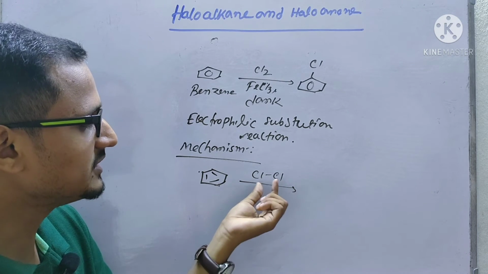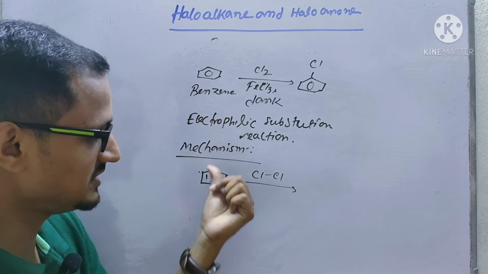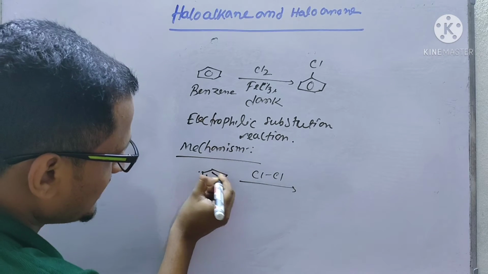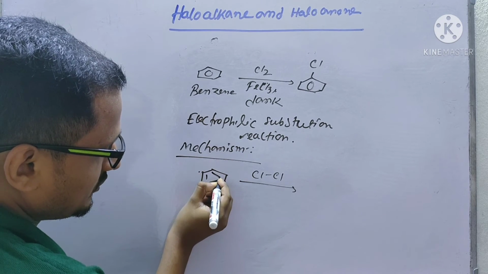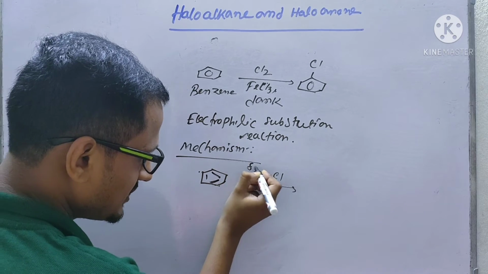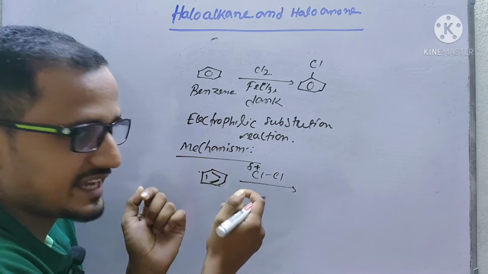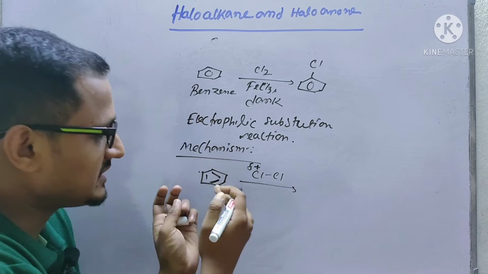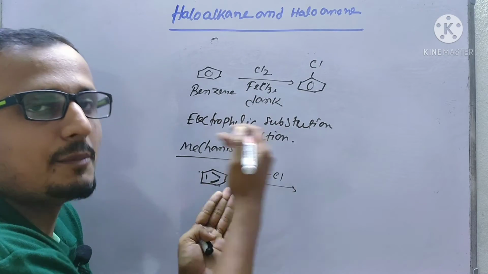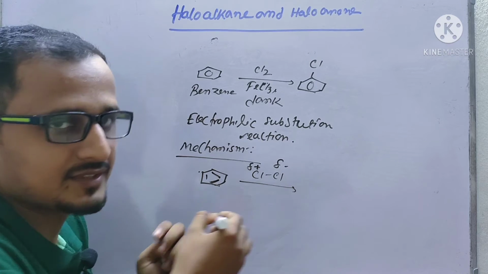So normally this bond is not polar, but when this benzene approaches this chlorine, as this is a pi bond that is negatively charged, it makes an opposite pole on the chlorine. It makes this one delta plus, and the other delta minus.